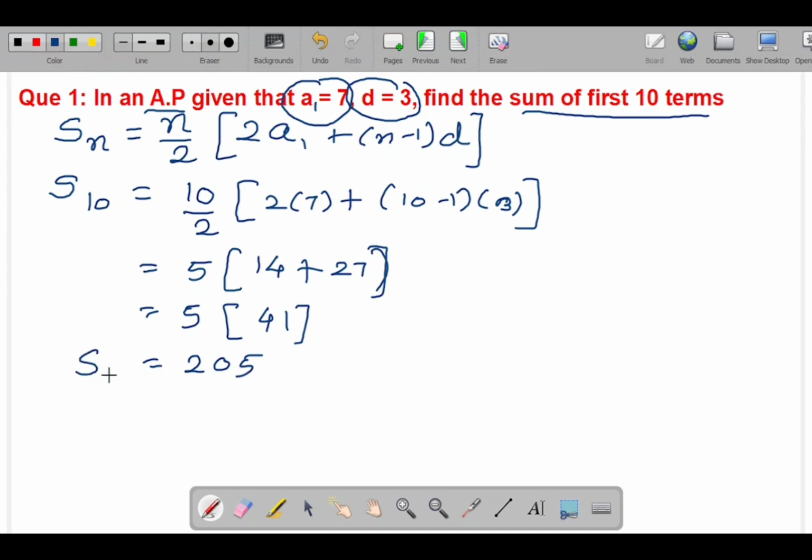So the sum of the first 10 terms of this given arithmetic progression is 205. Please write down the statement at the end, which is very important. So this is your answer. Okay, let's go to the next question.